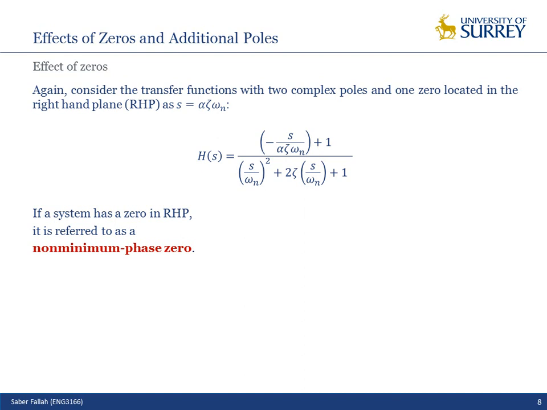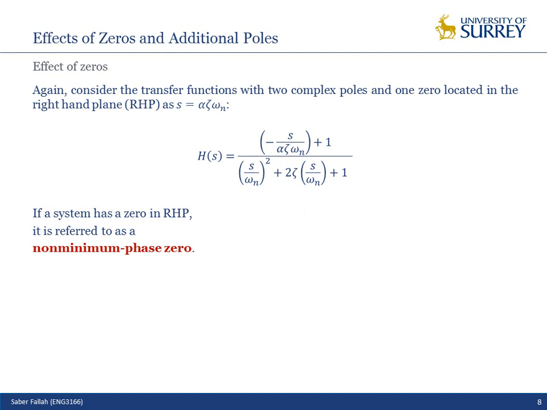So, where are you adding the zero then? The zero is here. Yeah, but here, if I have the zero in the right-hand side of the complex S-plane, I have a non-minimum phase zero.